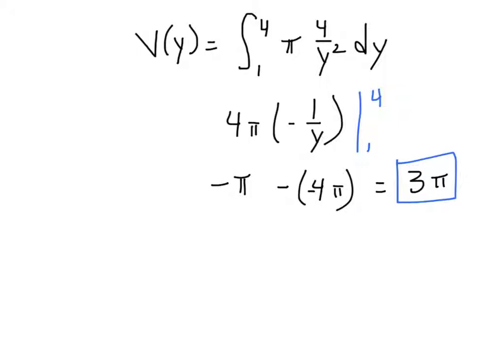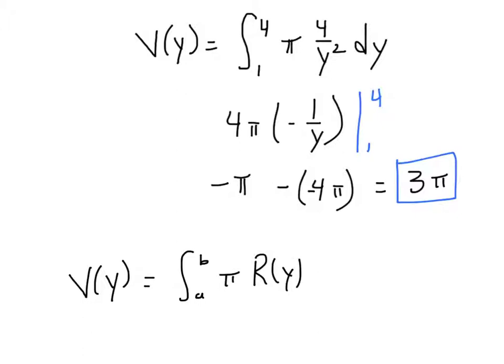So in general, we can rewrite that formula for the volume of a solid of revolution when you go around a vertical line, not a horizontal line. V of y would be the integral from a to b along the y-axis of pi times r of y squared dy.